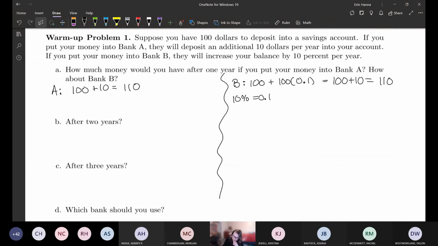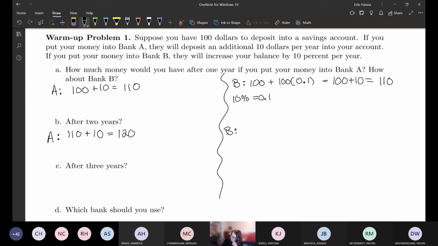In the next year for Bank A, the starting balance is 110, because we're assuming you're not taking any out. You're just sticking it in there and leaving it forever. So they're going to add on another $10, and after 2 years you'll have $120.